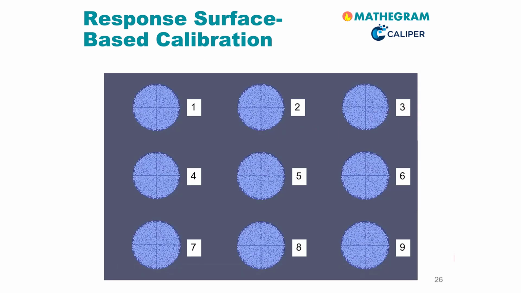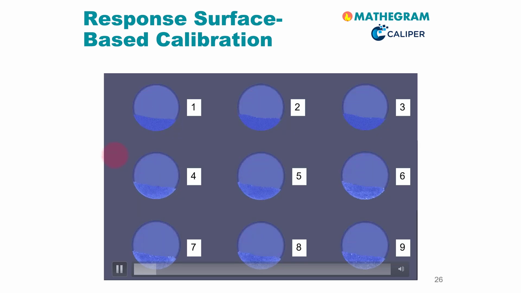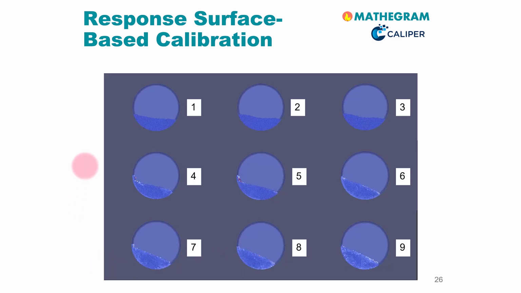Let us now have a look at the result of these sets of DEM simulations. What you see is that for these three simulations at the top, we have a very small angle of repose, and changing the particle-particle and particle-wall friction coefficient, we can nicely see the change in the response of the DEM simulator.